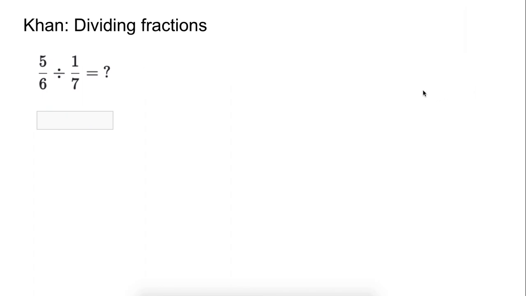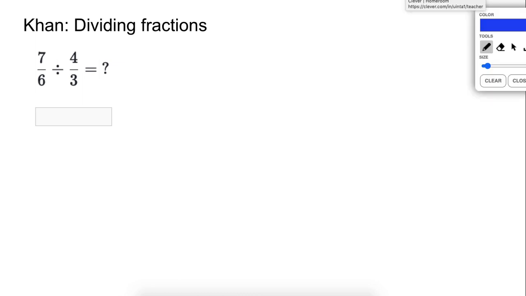Try these on your own. If you think you have it, try these next ones on your own, and then watch the video to check it. So pause it and try it on your own, and then watch the video to check it. So we end up with 7/6 times the reciprocal of 4/3, which would be 3/4. Okay, so that would give us 7 times 3 is 21, and 6 times 4 is 24.